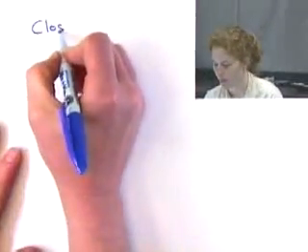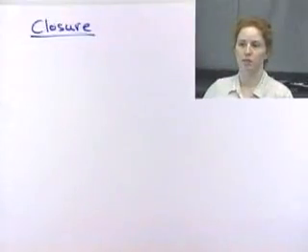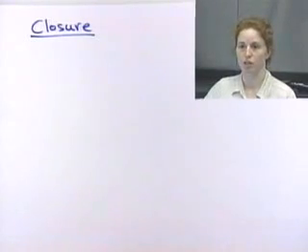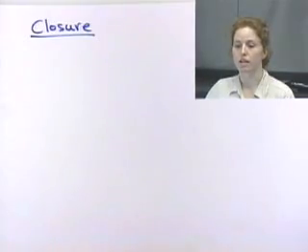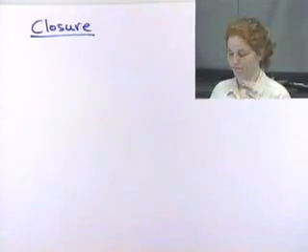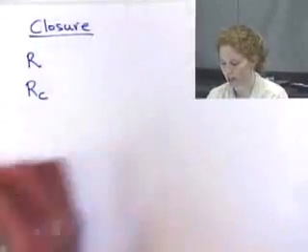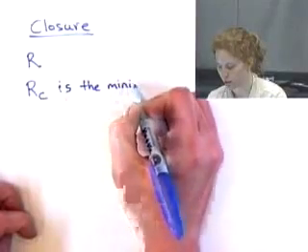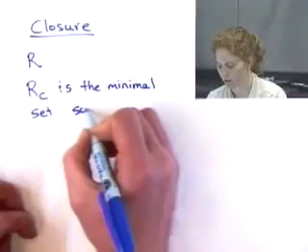So if you want a particular property for a binary relation, like reflexive or symmetric or transitive, you can just add a few things and make it that way. So what the closure is: if I have a relation R, the closure RC is the minimal set with two properties.